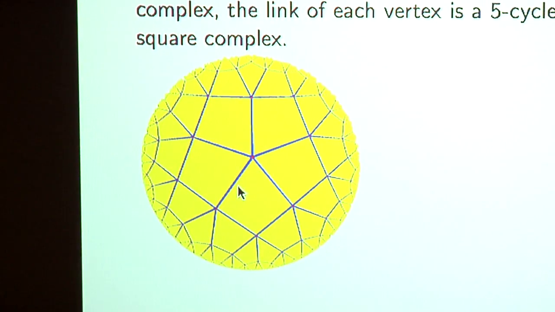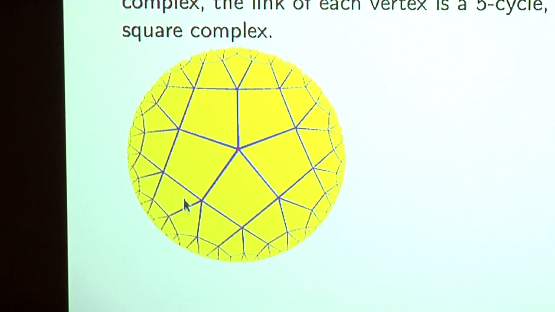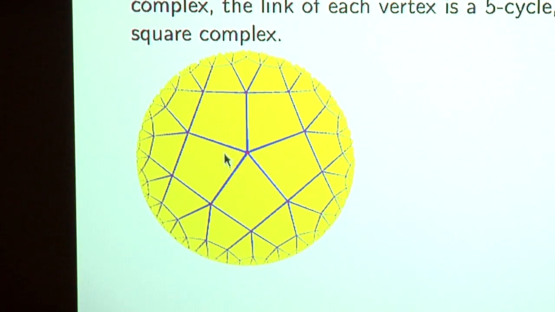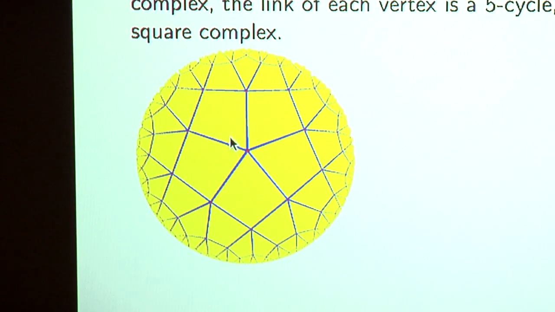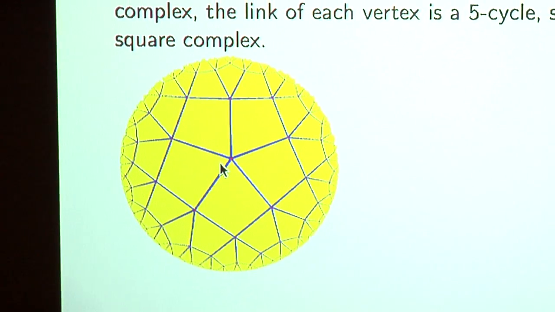This is in the, say, Klein metric, since these are straight. And you see that the link of each vertex is a graph of 5 edges. So this is a cat-0 square complex. If we were to make these out of Euclidean squares instead of hyperbolic squares, then it would satisfy Gromov's condition.